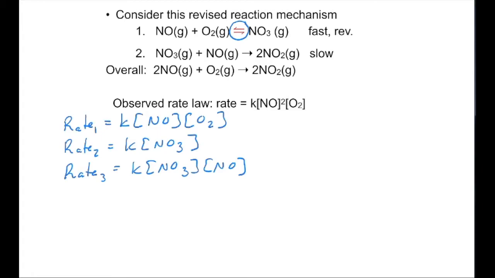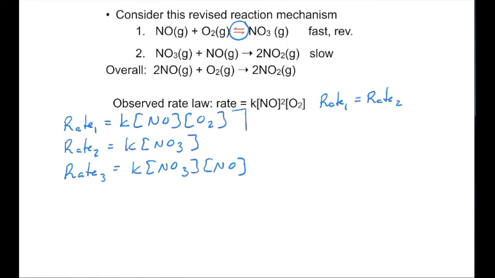Now, these arrows again mean that the reaction is reversible, but it also means that the reaction is at equilibrium. So equilibrium means that the rate of the forward reaction is the same as the rate of the reverse reaction. So in other words, the reactants are making products just as quickly as the products are reforming the reactants. So if the rates of the forward and reverse reaction are equal, we can write rate 1 equals rate 2.